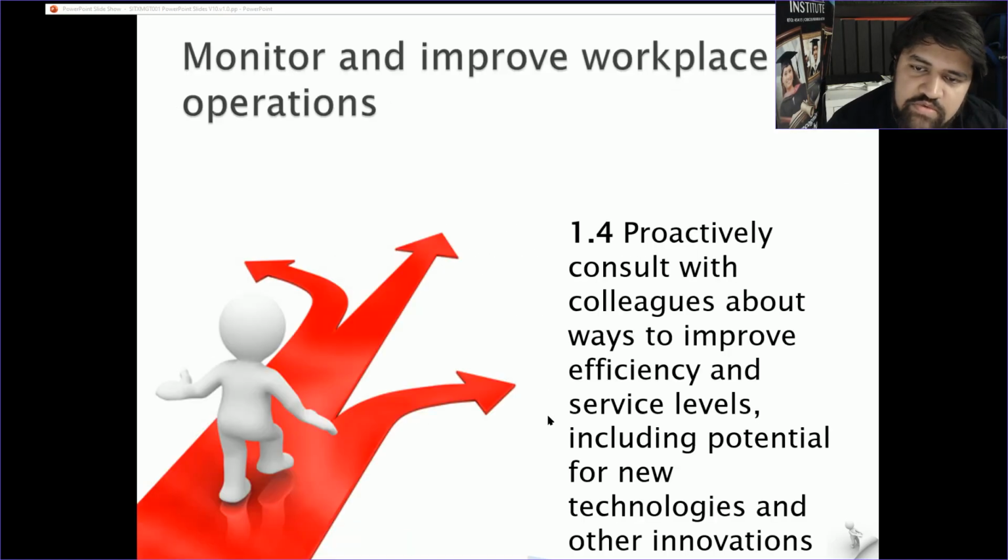Okay. 1.4. Proactively consult with colleagues about ways to improve efficiency and service levels, including potential for new technology and other innovations. So for us in the hospitality industry, we're always trying to innovate in the sense of what our customers are wanting. Especially we're moving towards a less fuss, more technology style of customer service, where we're having less interaction between people.